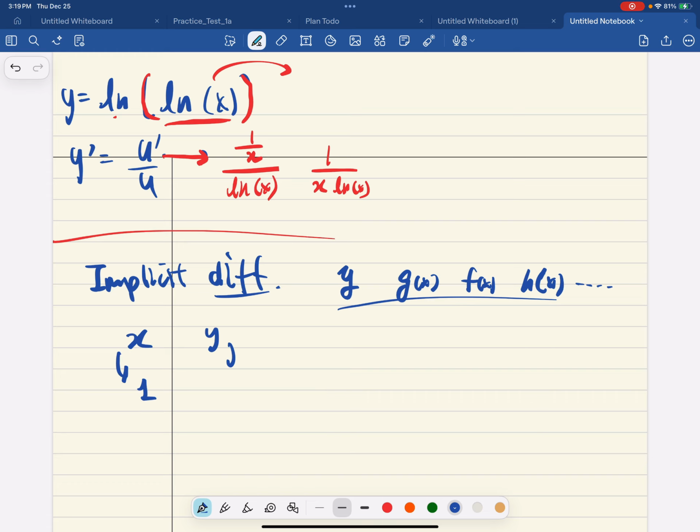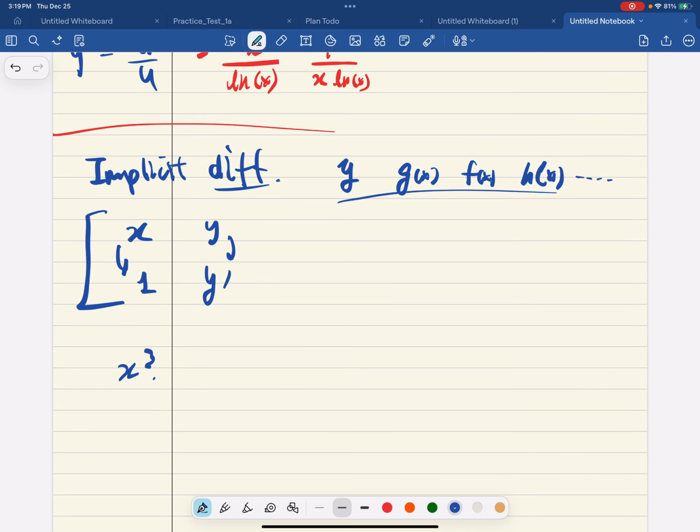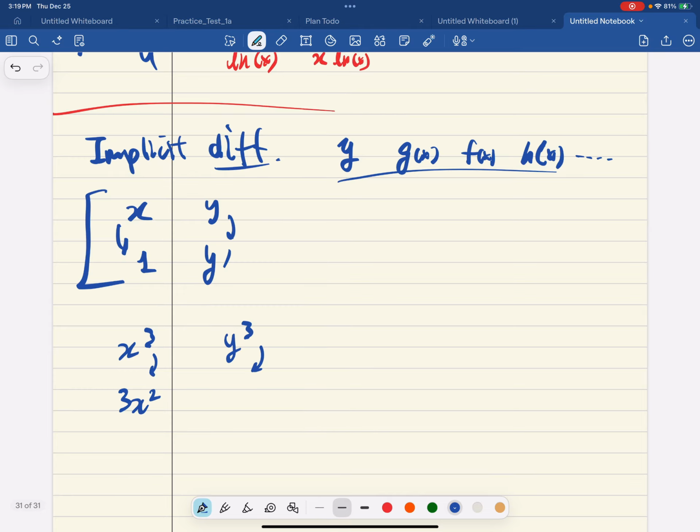Y becomes a y prime when you derive it. X to the 3 becomes a 3x to the 2 when you derive it. But y to the 3, you apply the power rule, because there's an exponent.